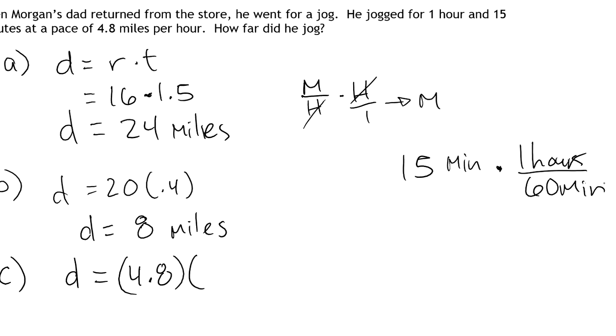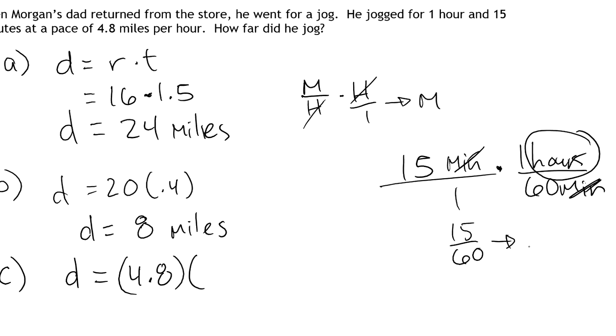If I do my canceling here, I've got minutes over minutes. So this would leave me with hours. Well, it's 15 over 60, which reduces to 1/4. So it's 1/4 of an hour, or 0.25. That's the part of an hour that 15 minutes represents.